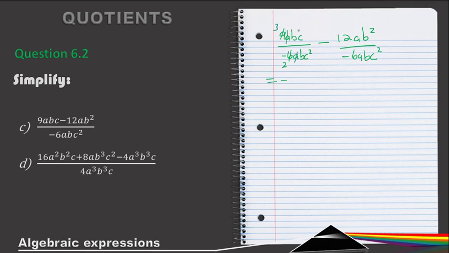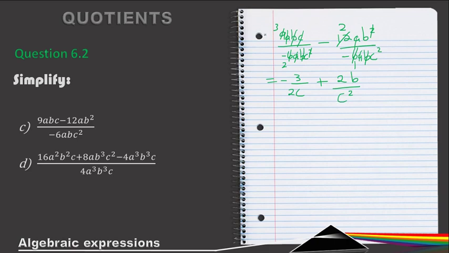These a's cancel, b's cancel, 1 of the c cancels with 1 of the c. So what's left here is 3. What's left here is 2c. Minus and minus gives me a plus. 6 goes into itself once, into 12 2 times. A's cancel. 1 of the b cancels with 1 of the b's. So what we have left here is 2b over c squared.